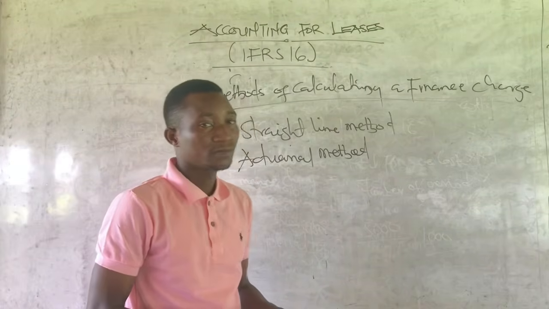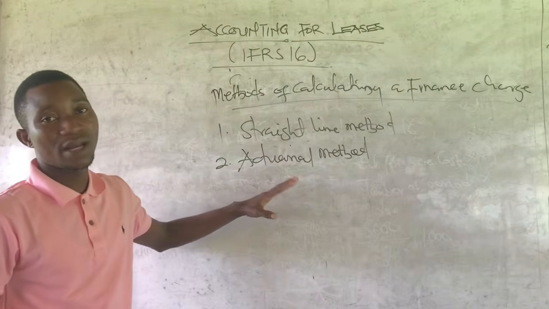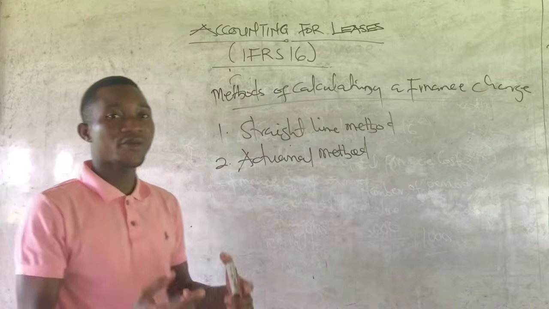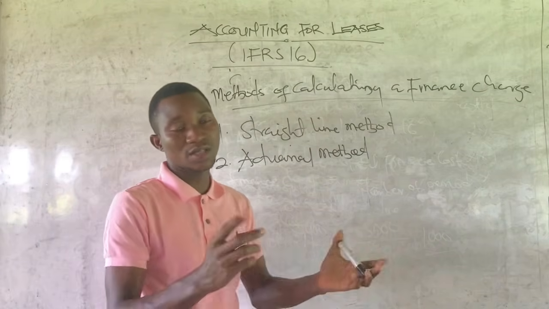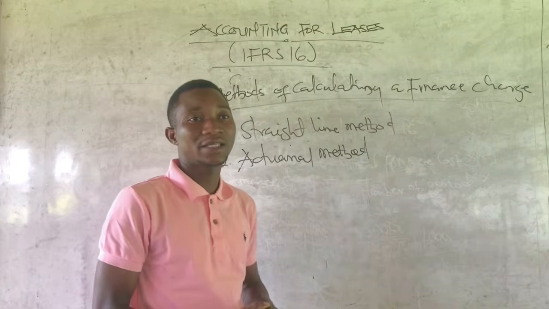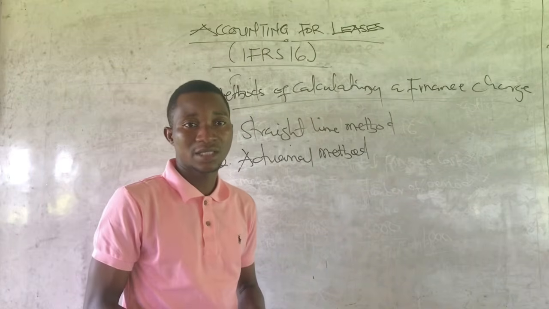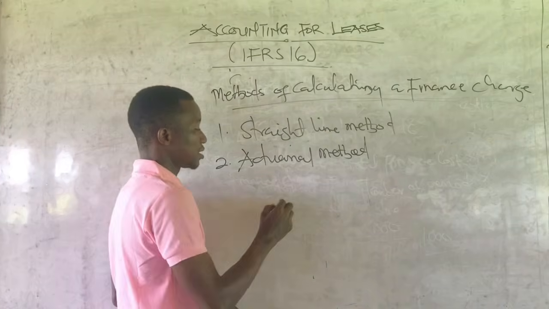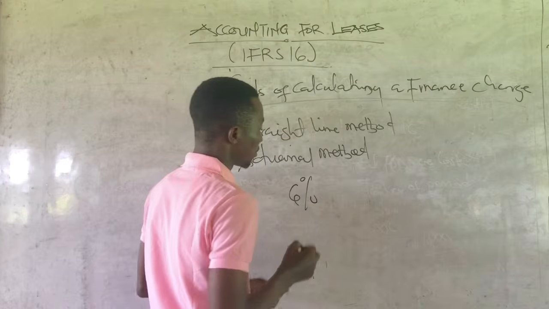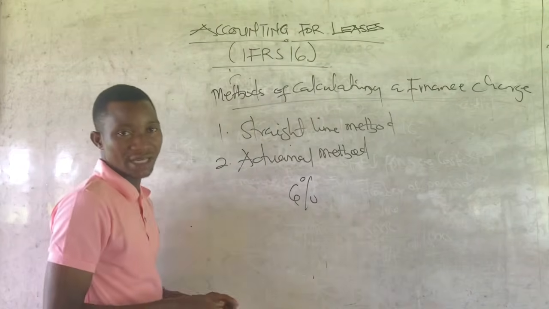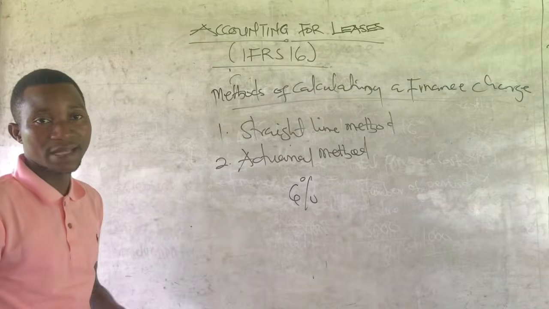In determining the finance charge, a constant interest rate, or the interest rate implicit in the lease, is applied on the outstanding lease liability. So if the interest rate implicit in the lease is maybe 6%, it means that every year 6% will be applied on the outstanding lease liability.